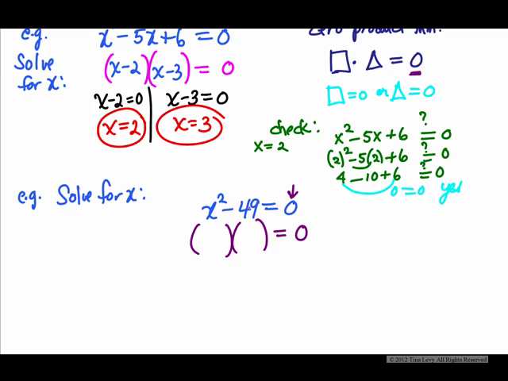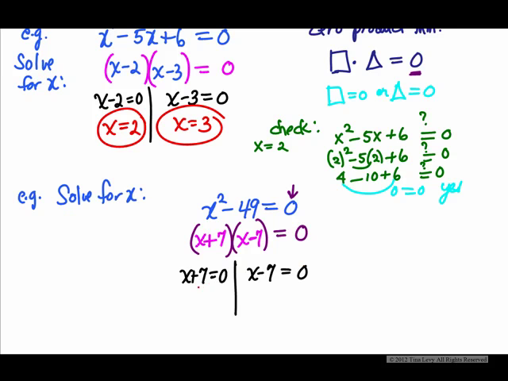This is difference of squares, so I have the x and the x. Then the square that gives me 49 comes from 7 and 7. One is plus, the other is minus. Now my next step is the product is 0 if one or the other is 0. So you put both possibilities. So either x plus 7 is 0 or x minus 7 is 0.